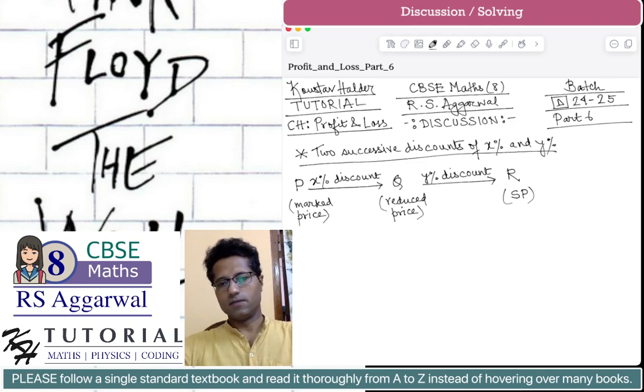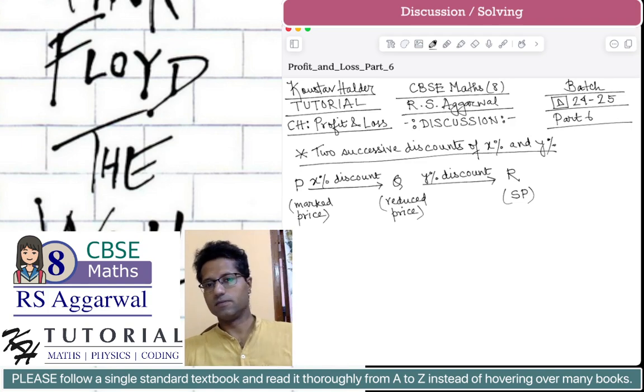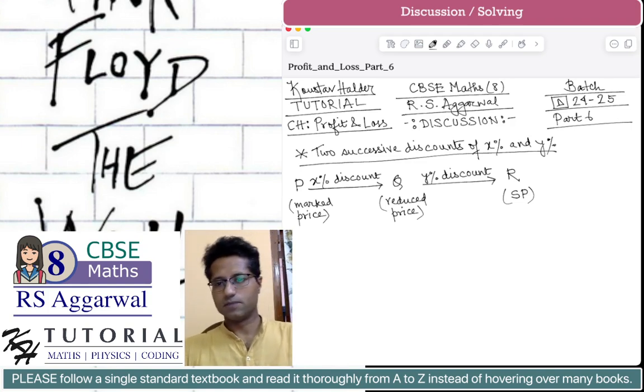So what do we mean by two successive discounts of X% and Y%? What will be the final selling price? The final selling price will obviously be less than the mark price because two successive discounts have been applied, X% and then Y%.